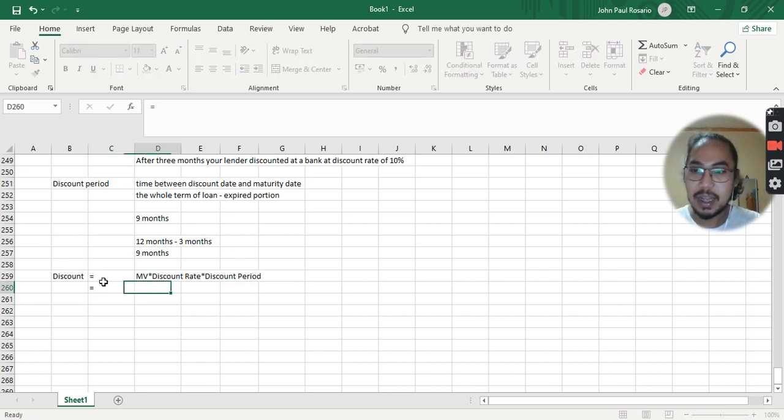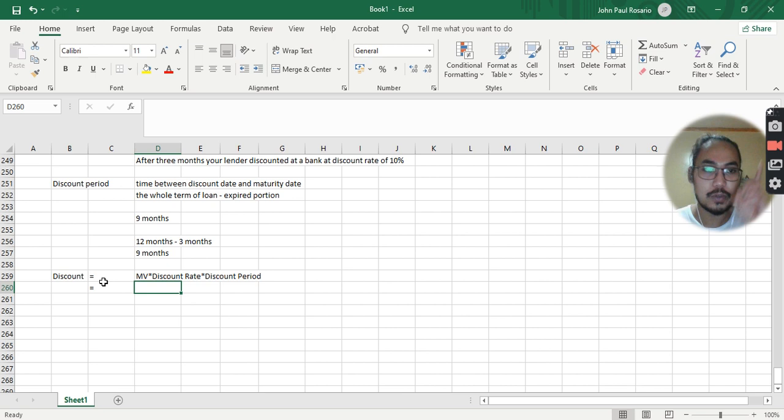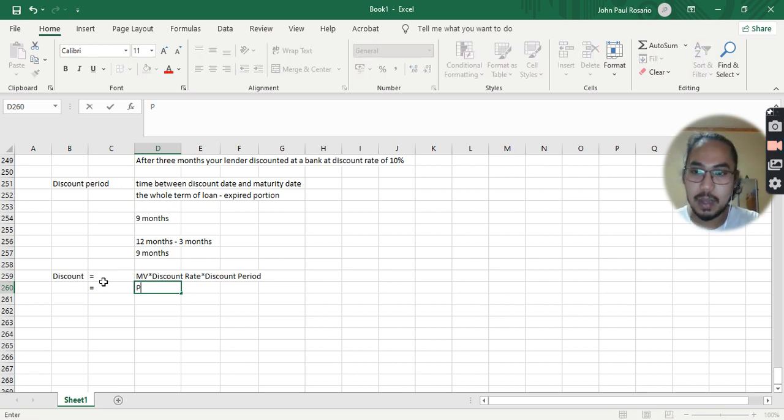So our maturity value for a simple note is the principal or the face value times 1 plus, to distinguish the discount rate from the original rate, we call it the simple interest rate, times the term of the loan.